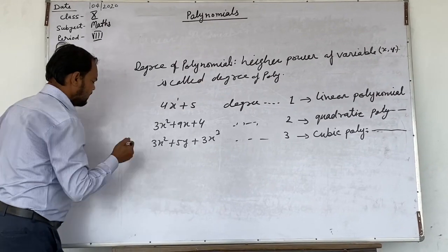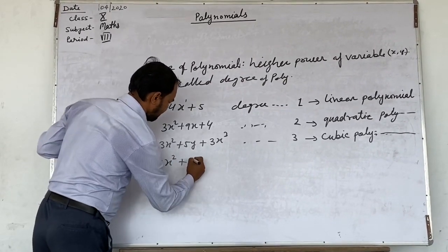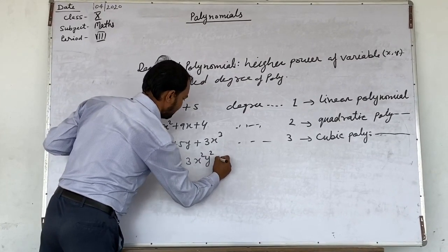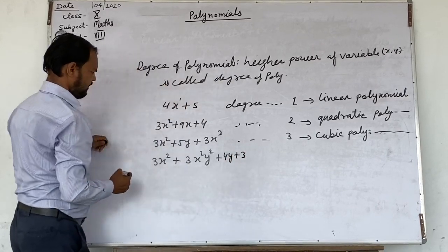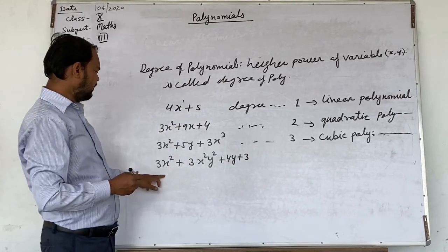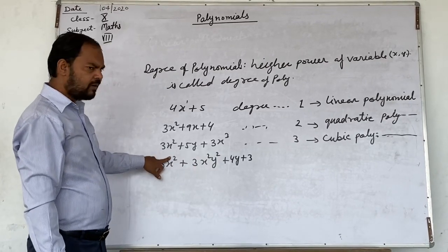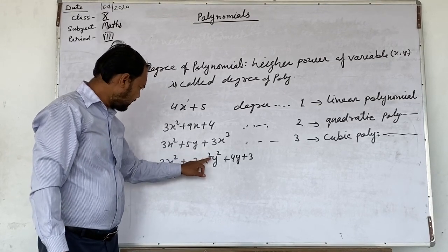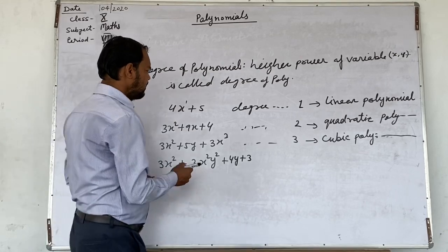So one more example: x square plus 3x square y square plus 4y plus 3. It contains 4 terms. The higher power of this is 2, but the degree is the sum of the powers of both x and y, which are added and get 4.